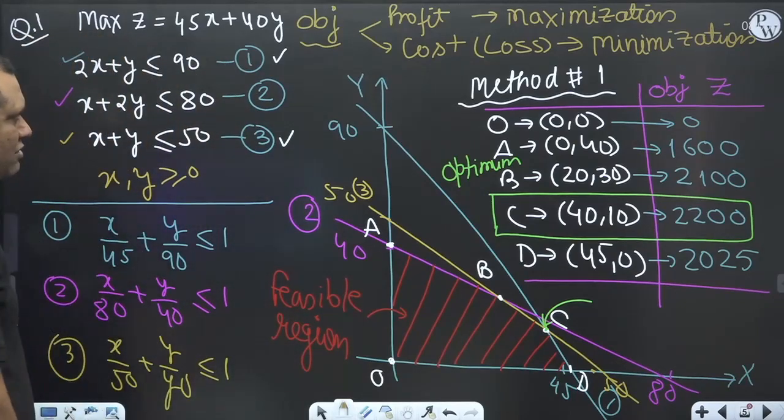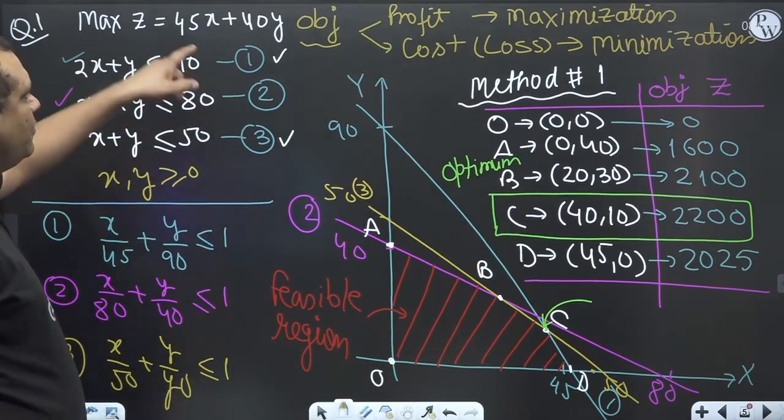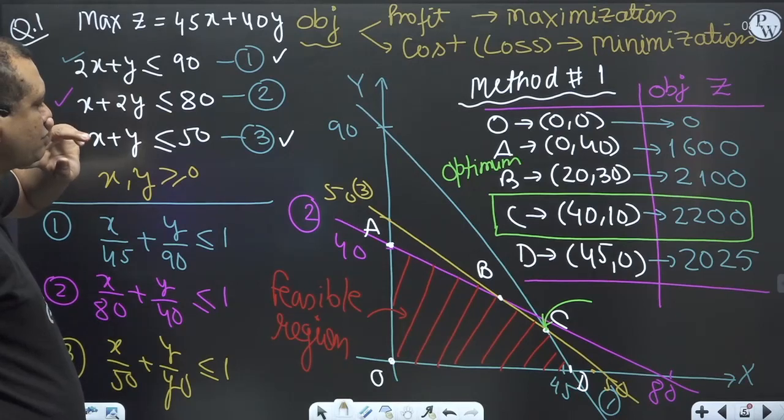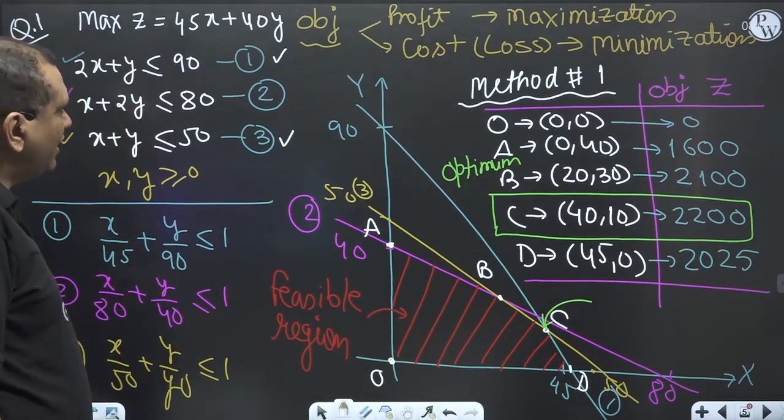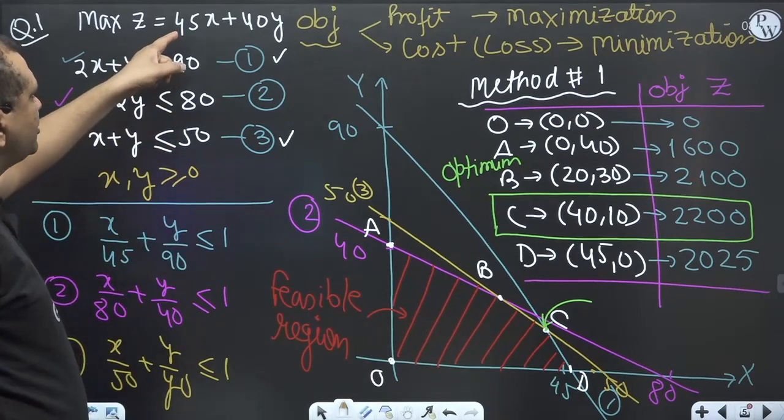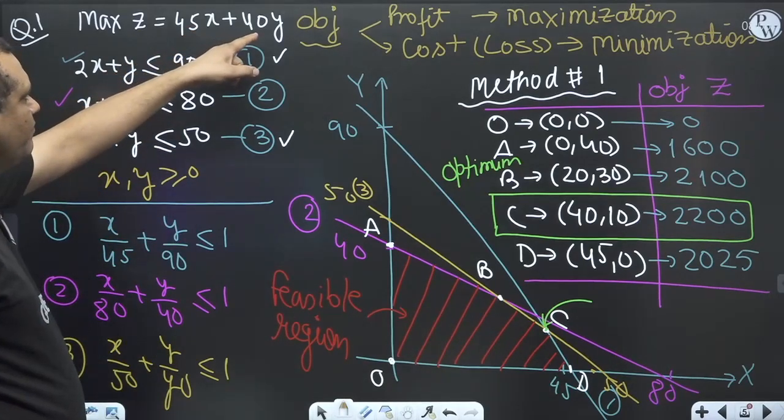Now find out the slope of the objective function. Objective function is this.